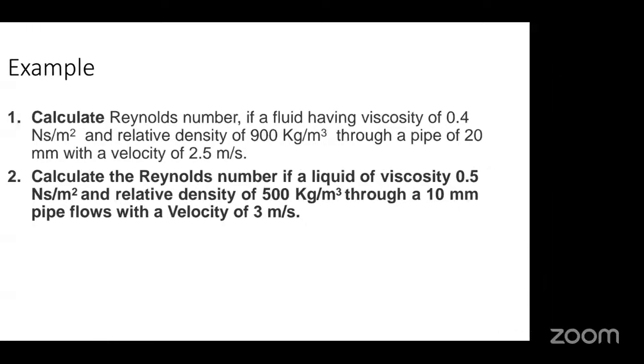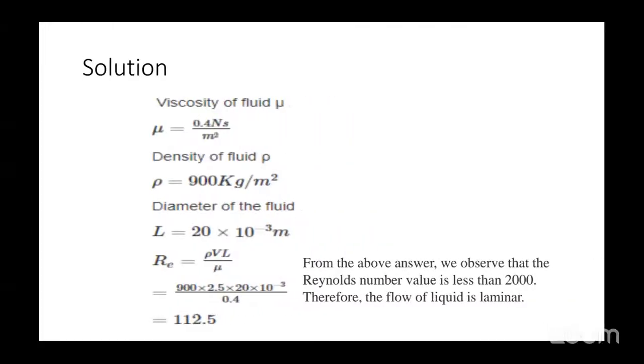So if you substitute the parameters, you are going to have 900 for density times 2.5 for velocity times 20 times 10 raised to minus 3 for diameter, over mu, that is viscosity, which is 0.4. If you simplify that, we get an answer of 112.5.